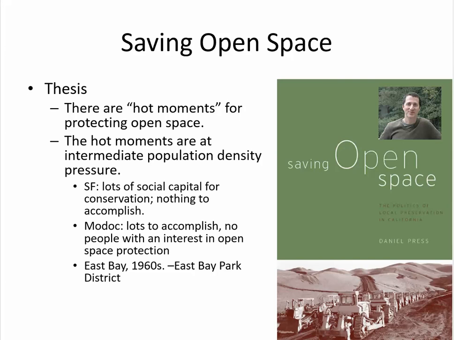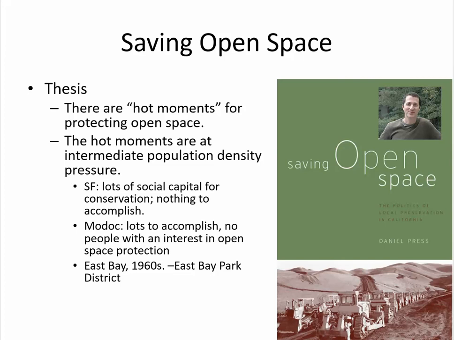Everything that's left to be protected in San Francisco is protected. Whereas you go off to Modoc County, there's lots to accomplish. There's lots of land use, and you could be doing a better job for biodiversity. But there's not a lot of people, and those people don't have a lot of interest. And somewhere in between those two extremes, you get these hot spots of open space protection.